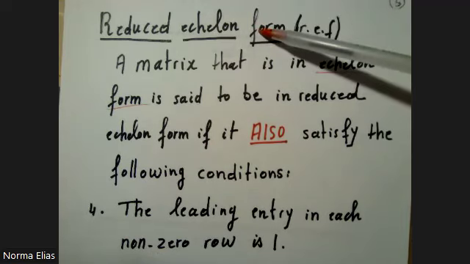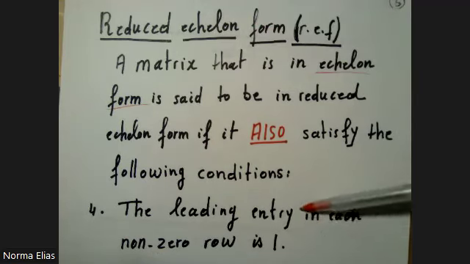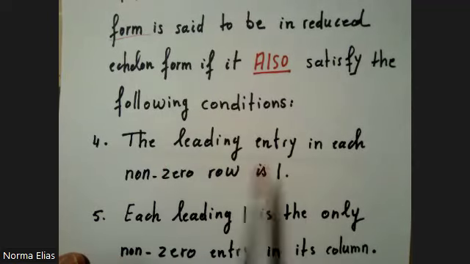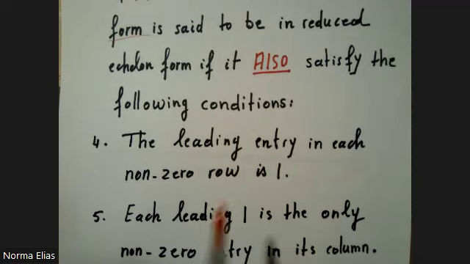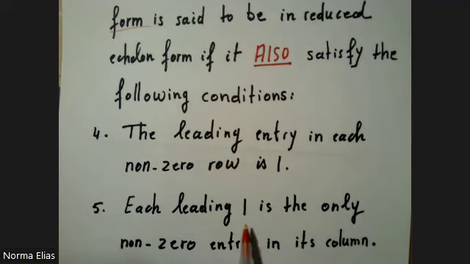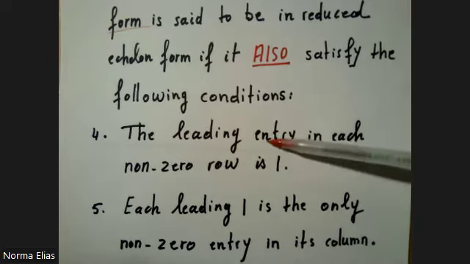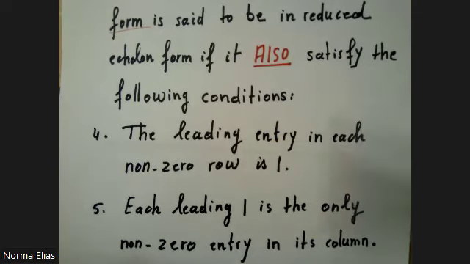We say it's in reduced echelon form if it also has the extra conditions. I'm calling this 4. The leading entry in each non-zero row is 1. So to be in reduced echelon form, we want the leading to be 1. The second condition is each leading is the only non-zero entry in its column. So we need 2 extra conditions to say it's in reduced echelon form. The leading has to be 1, and the leading is the only non-zero entry in its column.